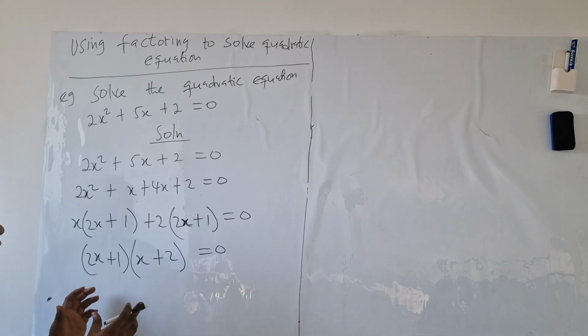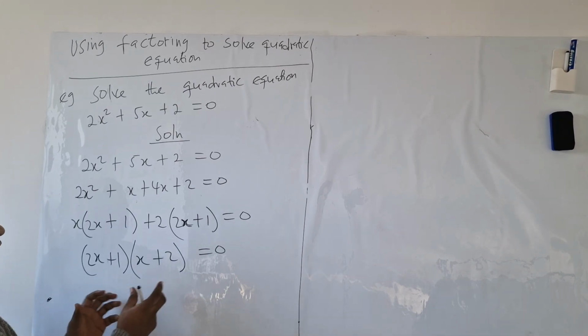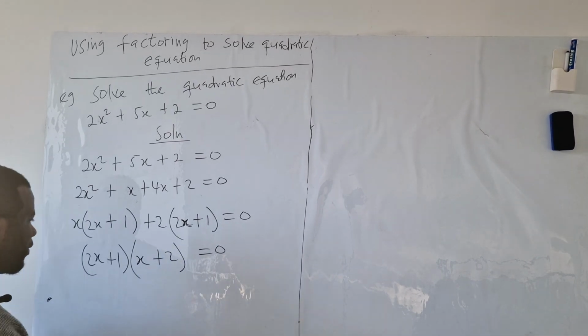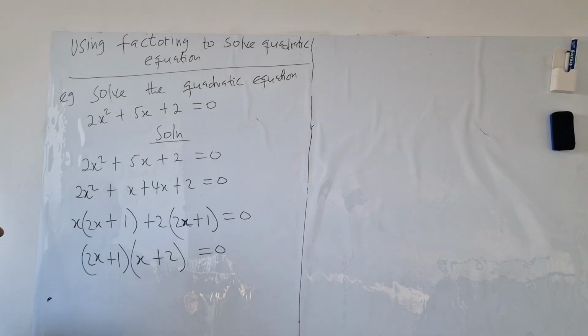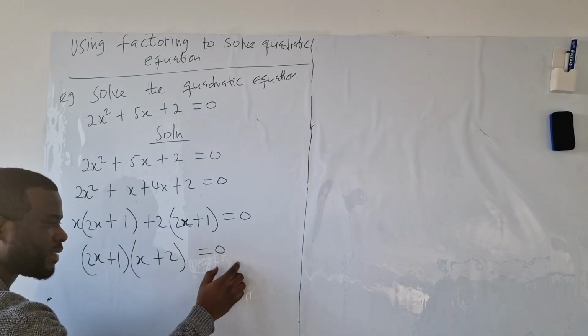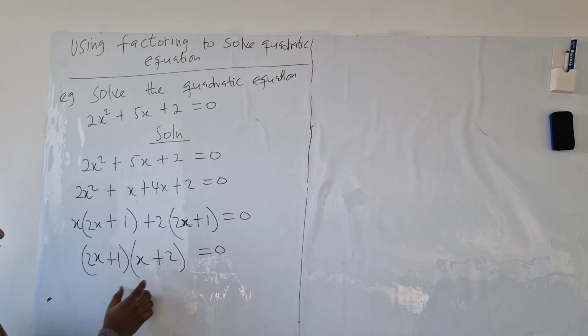Good. Now we have product. Product of 2 brackets all equal to 0. This times that equal to 0. What it implies is that each of the brackets is equal to 0. So pick each bracket equal to 0 and then solve for x.